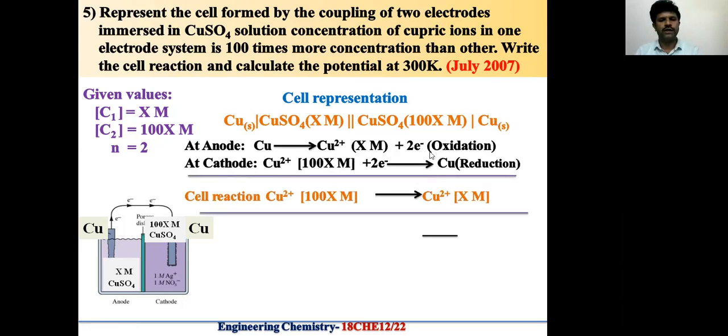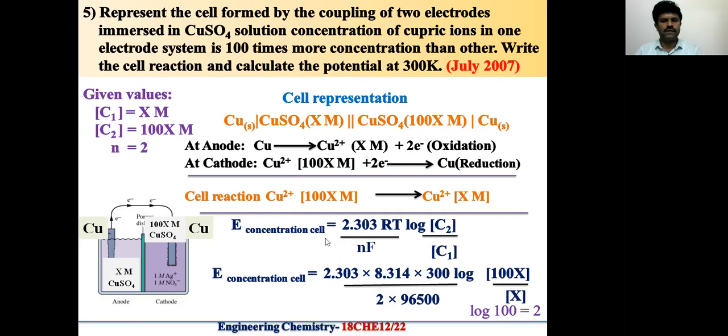At anode, oxidation of copper metal takes place, and copper gives Cu2+ ions into the solution of x molar and releases 2 electrons, that is oxidation. At cathode, the Cu2+ ions present in electrolyte of 100 times more concentration than the anode react with electrons and become copper. And final cell reaction: Cu2+ of 100x molar gives rise to Cu2+ of x molar.